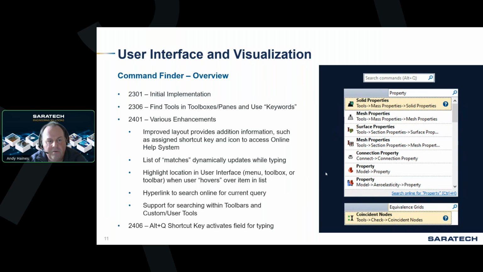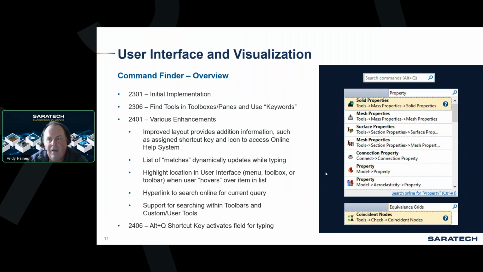It now lists all the matches dynamically while you're typing. It'll then highlight these areas in the product, whether they're in the menu, toolbox or a toolbar. When you hover over it, there's actually a hyperlink to search online for your query. It also supports searching toolbars and the custom user tools. And then there's a little shortcut key that we added up there at the top.